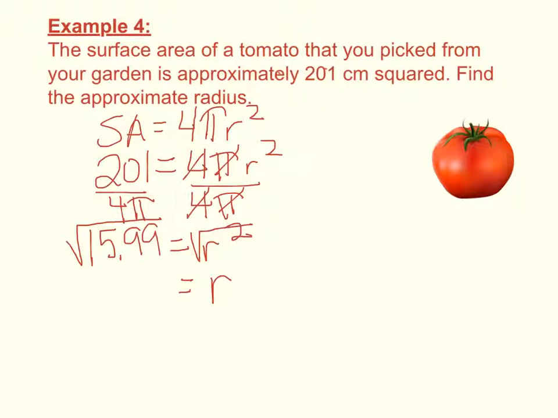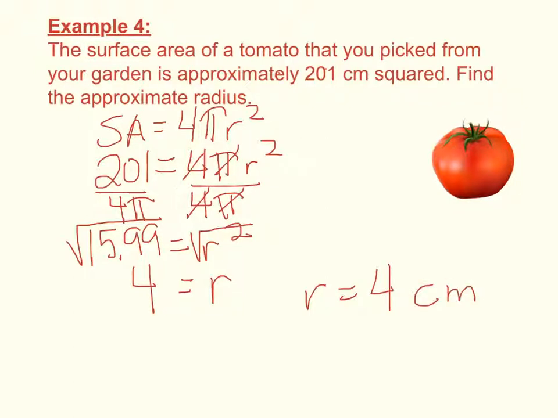If we round that, I'm getting an answer of 3.999383925 on my calculator. If I round that, that's going to round up to approximately 4, because that 0.999 is going to push me up to 4. So my radius is going to be 4 centimeters.